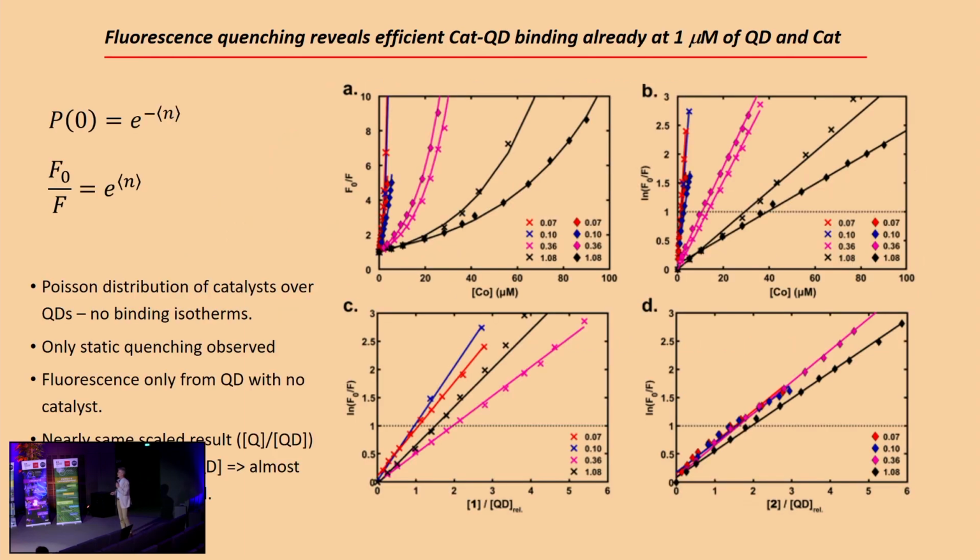This fits very well with the data, and if we normalize for the quantum dot concentration, here we get essentially the same slopes. Here we get a little bit more variation, but it shows that even with about 1 micromolar catalyst and a little bit less than 1 micromolar quantum dots, we get almost essentially complete binding, even with a compound with no binding group.